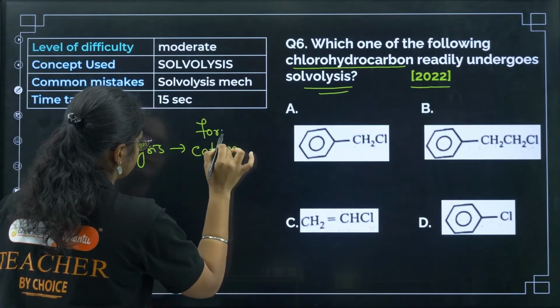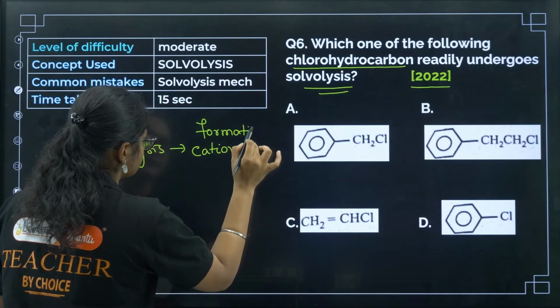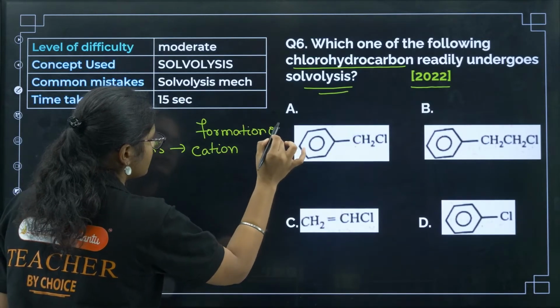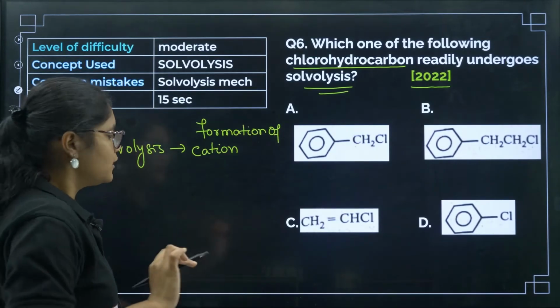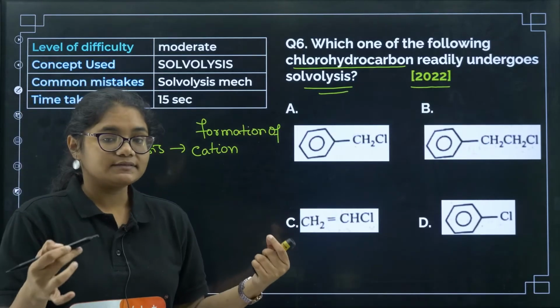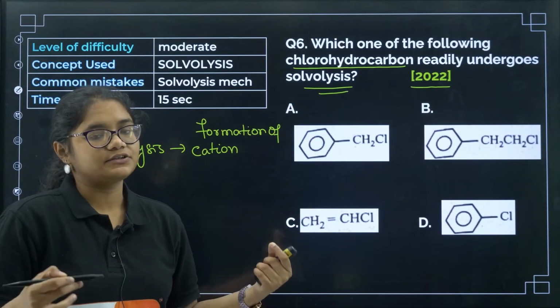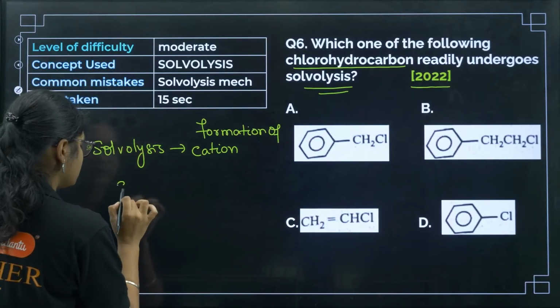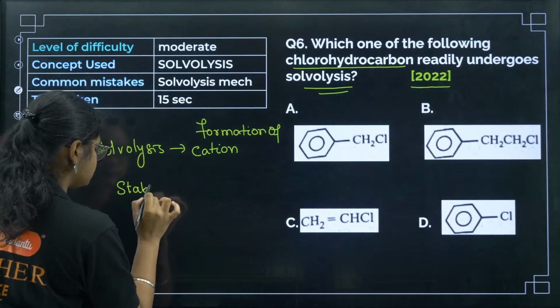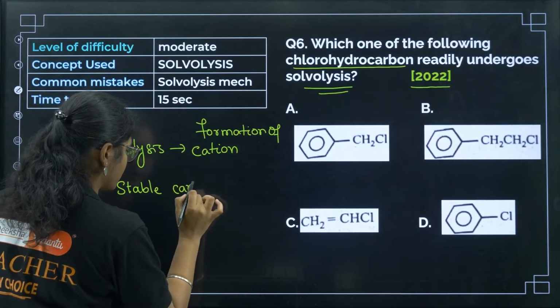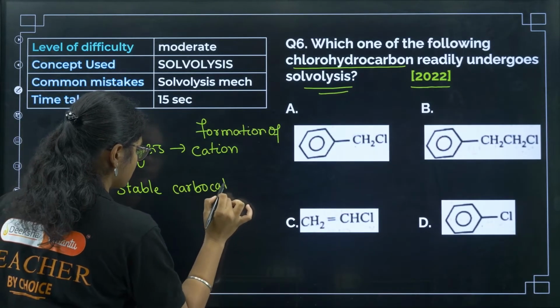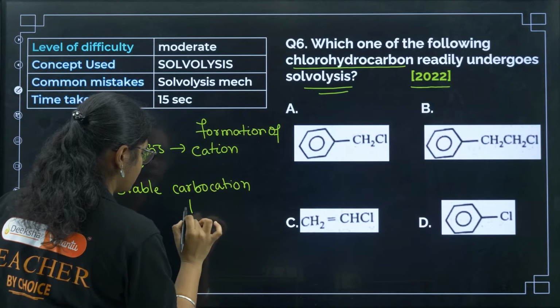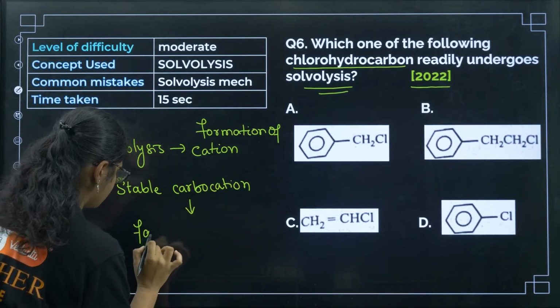In solvolysis there is always formation of cation. So wherever the cation is more stable, there the reaction will be faster. If the carbocation is stable, then we will have faster reaction.